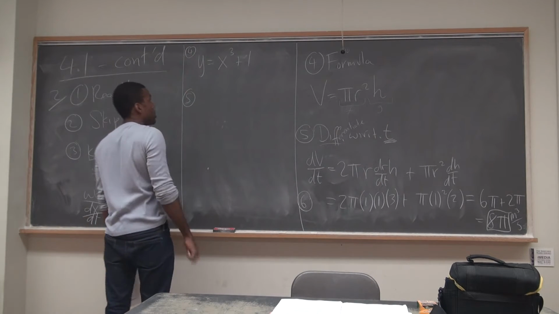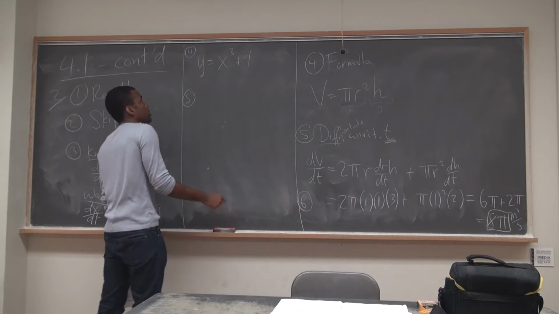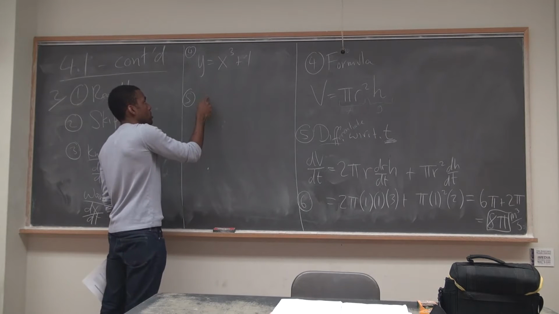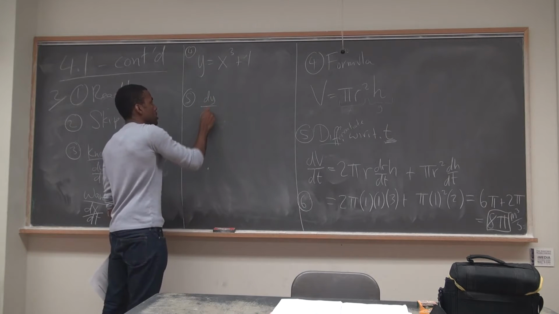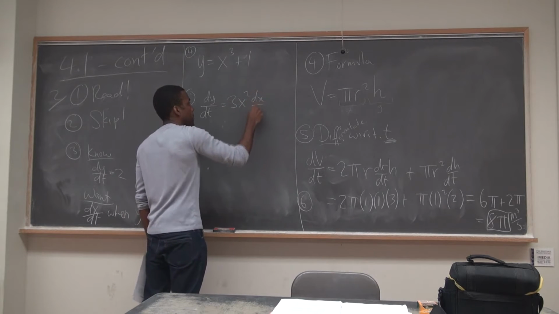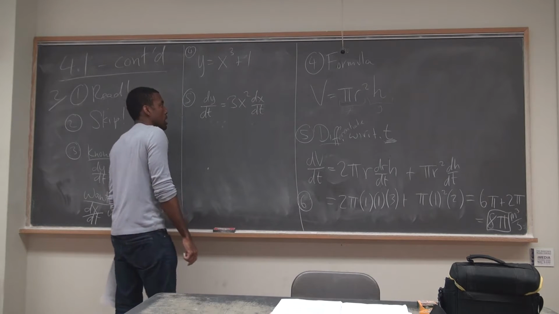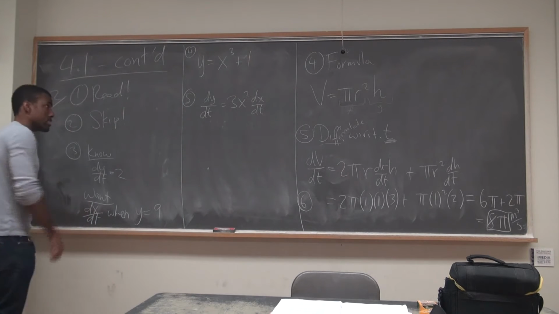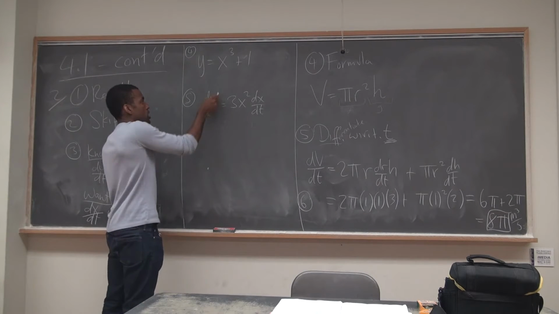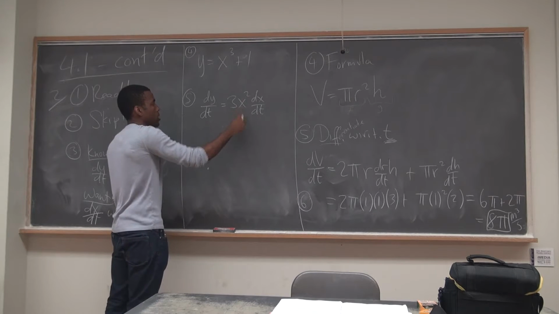Step 5, I'm going to differentiate both sides with respect to t, which means both of these are functions of t. I get dy/dt equals 3x squared dx/dt, and the derivative of 1 is 0. At this point, I want to find dx/dt when y equals 9. I know this, I want to find that, but I don't know x.